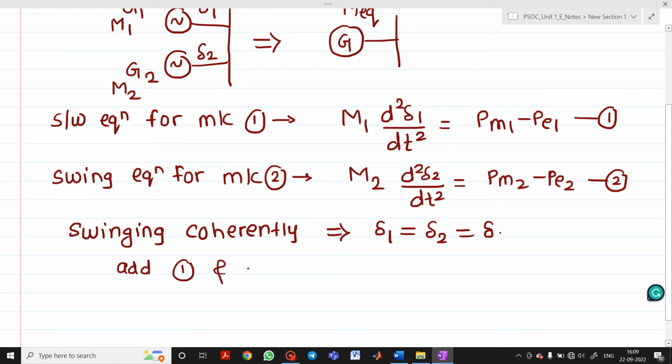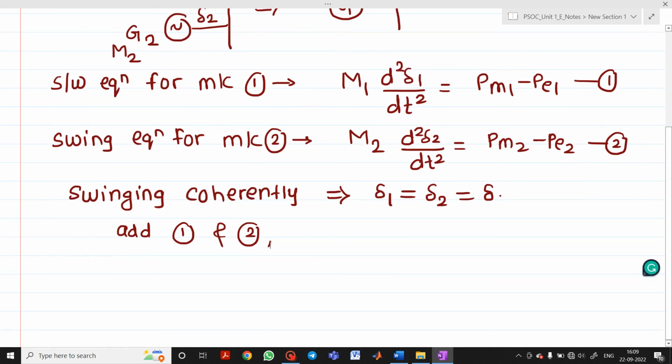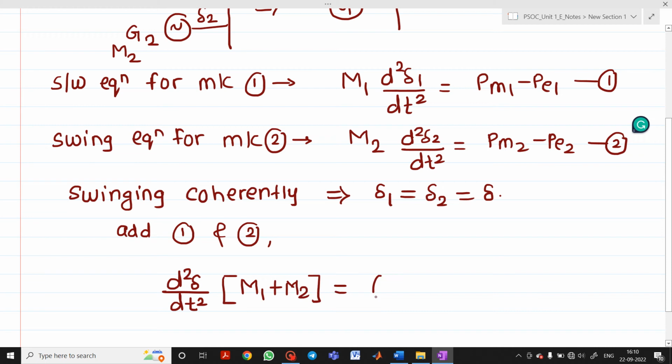On the left-hand side, in place of delta 1 I can write delta, and in place of delta 2 I can write delta. So from the left-hand side I can take a common d square delta upon dt square. The term here will be M1 plus M2, which is equal to Pm1 minus Pe1, the right-hand side of equation 1, plus Pm2 minus Pe2, the right-hand side of equation 2.